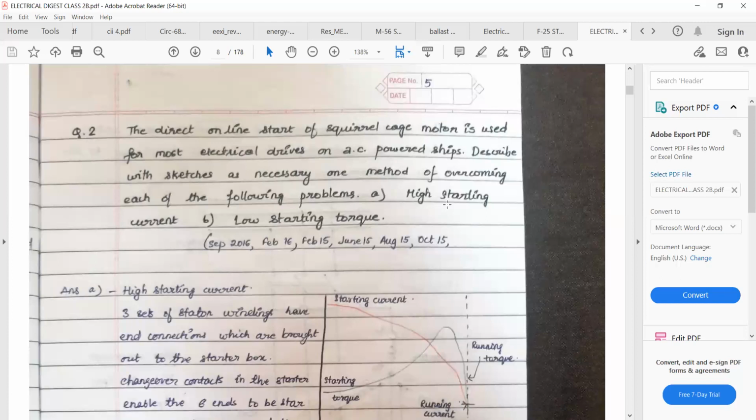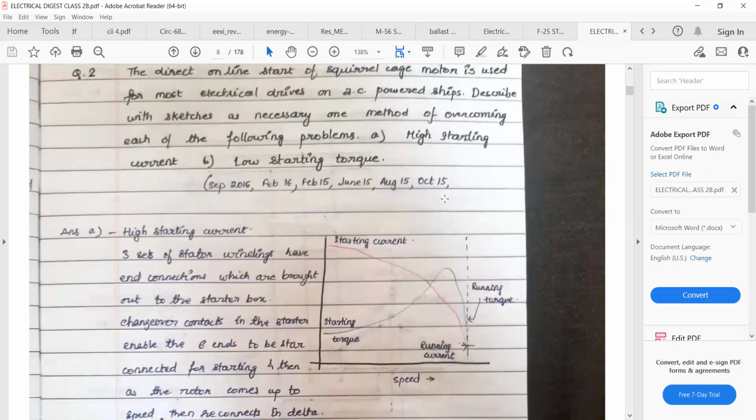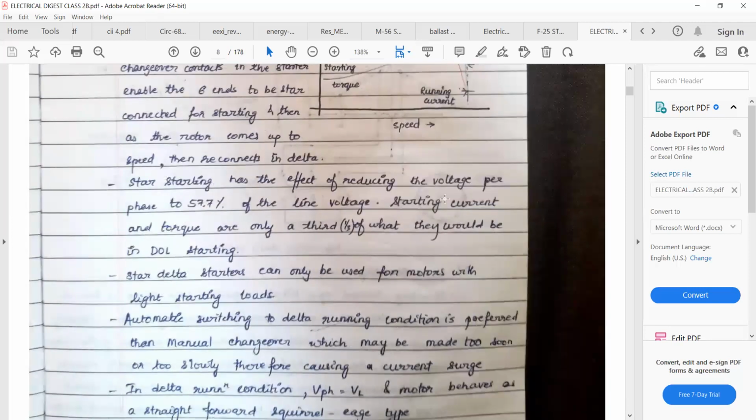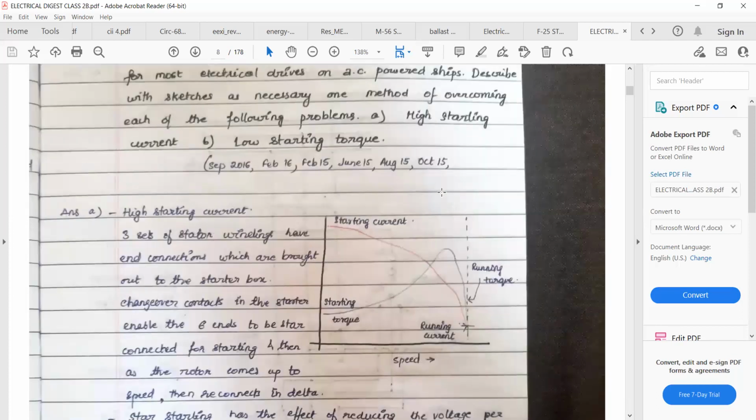High starting current, because if you are using a squirrel cage motor in a DOL system, your starting current will be high. Obviously, what are we using for reducing the starting current? Star delta starter, star delta auto transformer, all those things. And second is low starting torque. How are you going to overcome it?